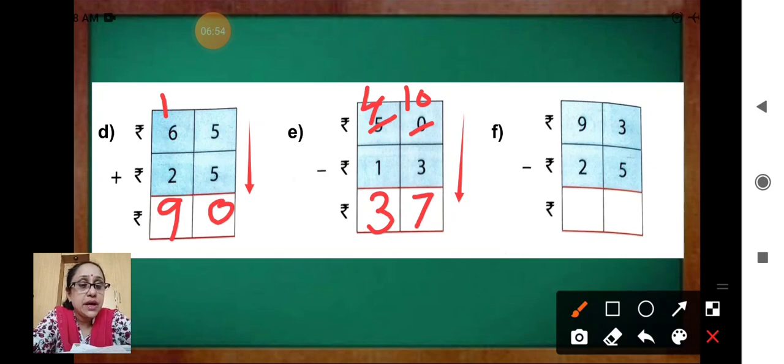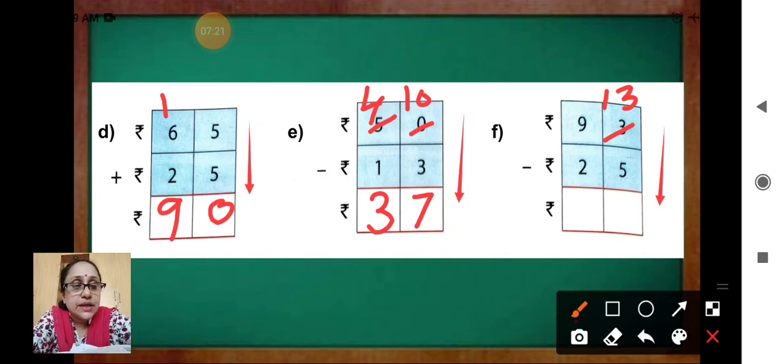Now question F. Rupees 93 minus rupees 25. Again subtraction. So 3 is the small number. What you have to do? Cut and write 13. Now 13 minus 5. 13 is there. Take out 5. Do the subtraction.